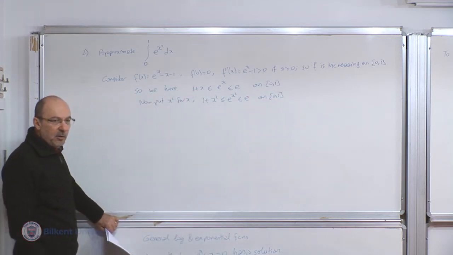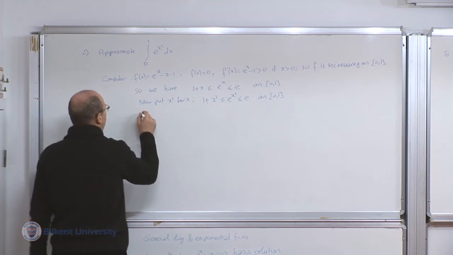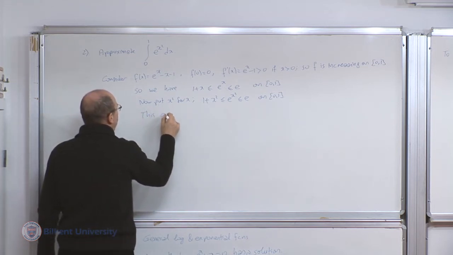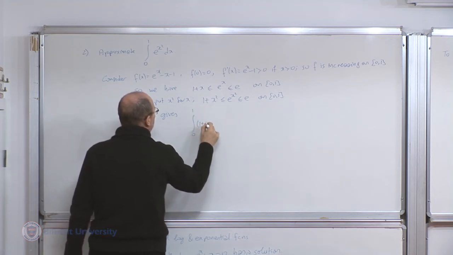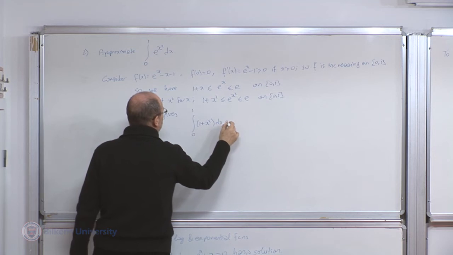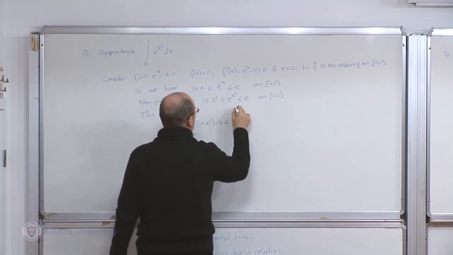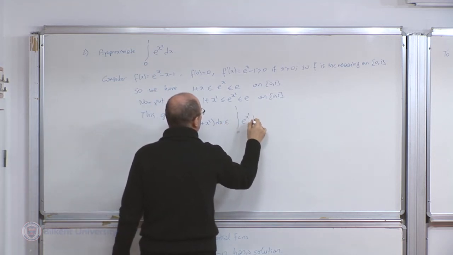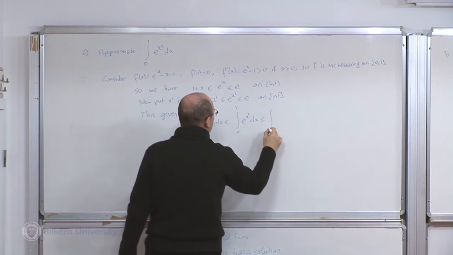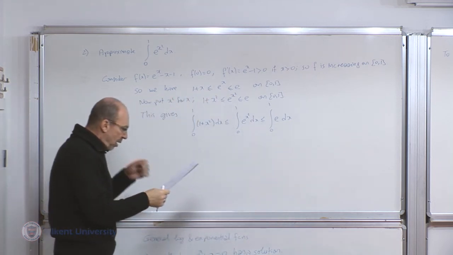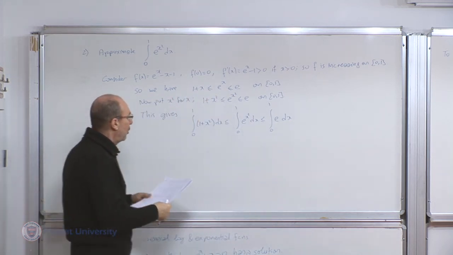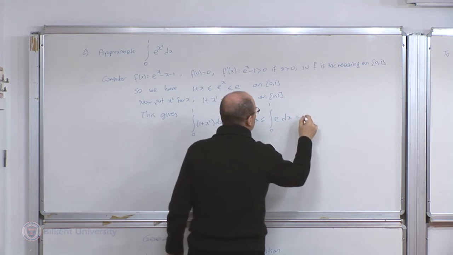Okay, now we can take integrals of both sides, well, 3 sides. This gives the integral from 0 to 1 of 1 plus x squared dx less than or equal to the integral from 0 to 1 of e to the x squared dx less than the integral from 0 to 1 of e dx. Okay, so this part is e.